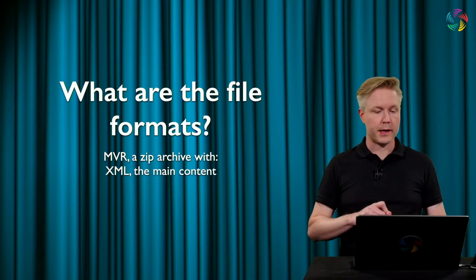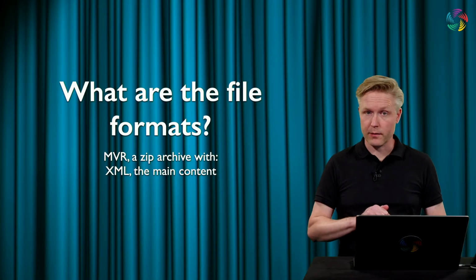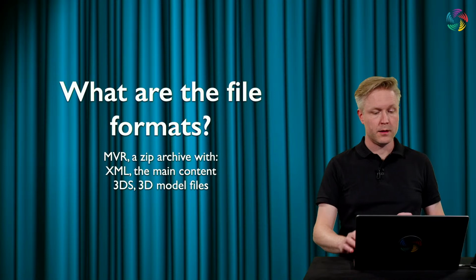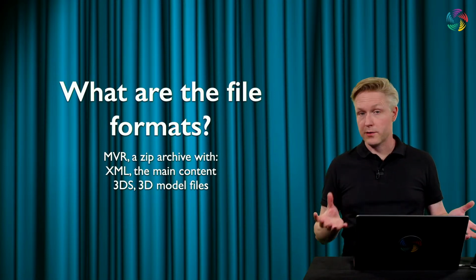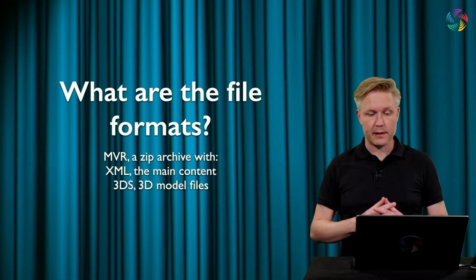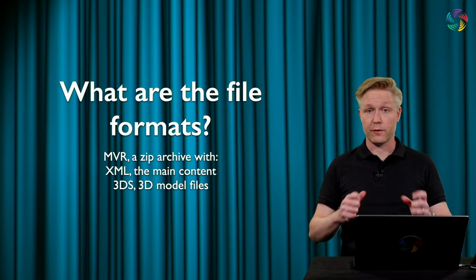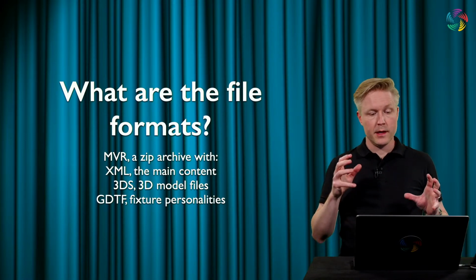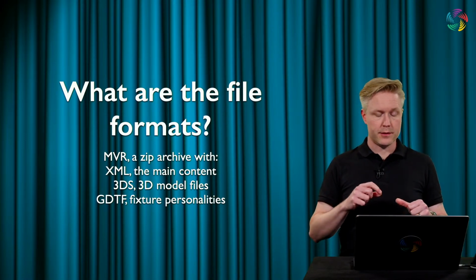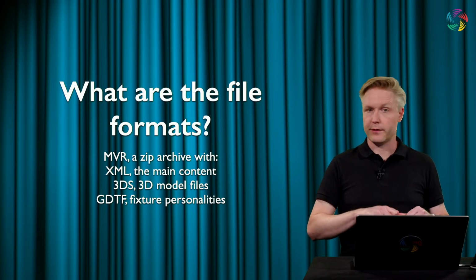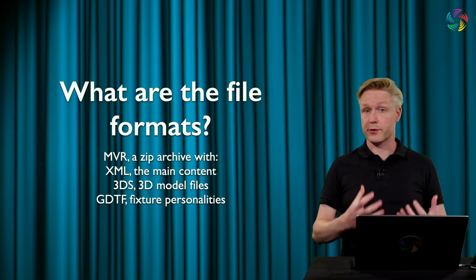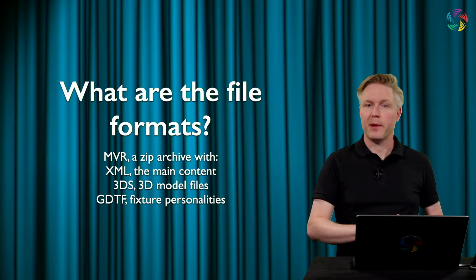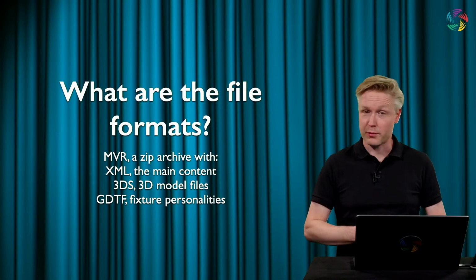An MVR archive contains an XML file which describes the design. There is potentially one or many 3DS files, that is 3D model files of the 3D environment of the design. And there are GDTF files, general or generic device type format files, which are fixture personalities or libraries or templates or whatever your console prefers to call them.